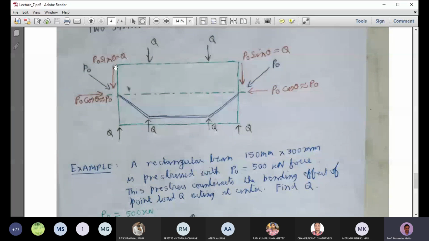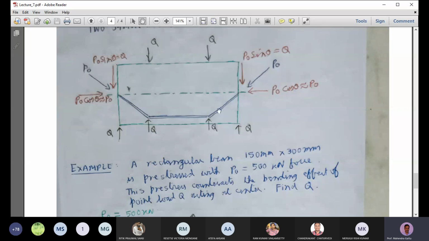So at the left edge, in the vertical direction, we have Q downward and the support reaction Q upward. So both are balancing here. At the right edge, we have Q downward and this support reaction Q upward. So both are balancing. And along this cross section, we have Q downward and at this sharp corner we have Q upward. It balances. And in this section we have Q downward external load and at this sharp corner Q upward from the concrete.